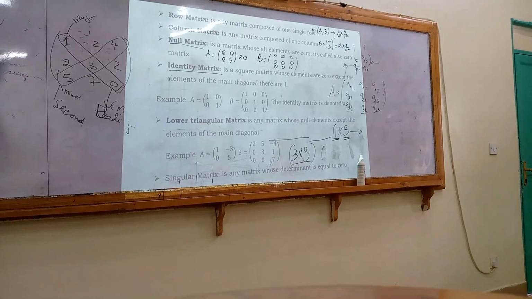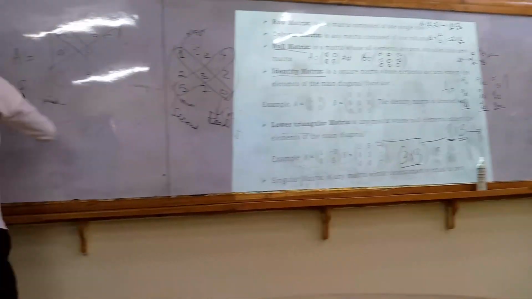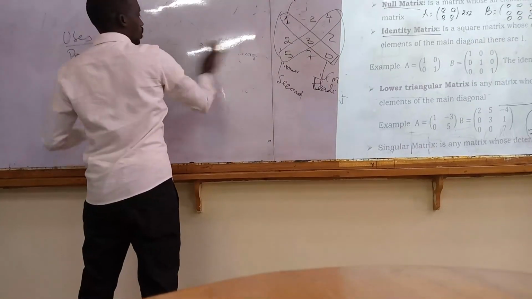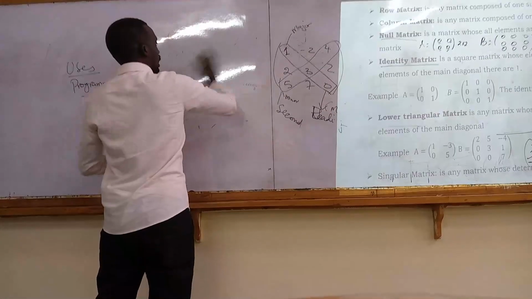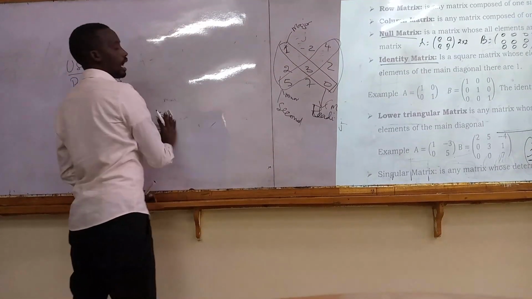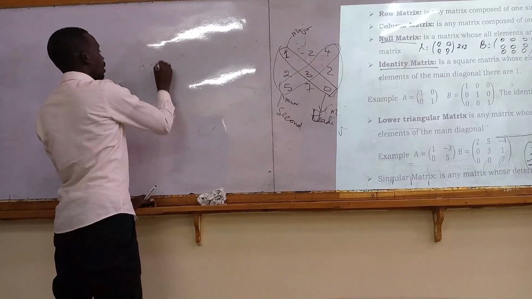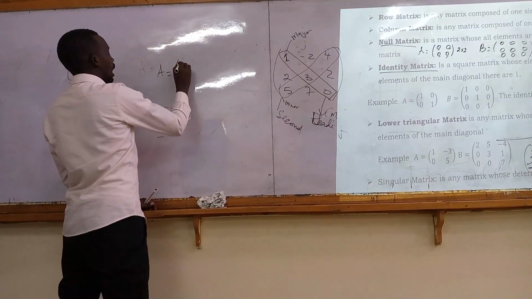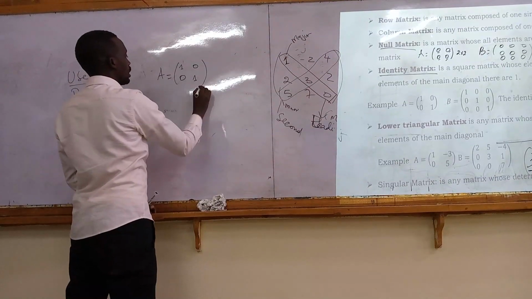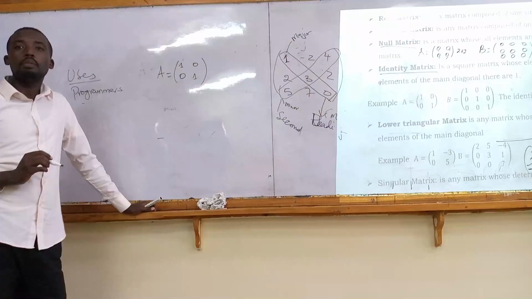So the one we call an identity matrix is a matrix where the main diagonal elements are not 0. The rest of the elements are zeros. So, when we call our matrix A, this is 1, 0, 0, 1. This is what we call an identity matrix.